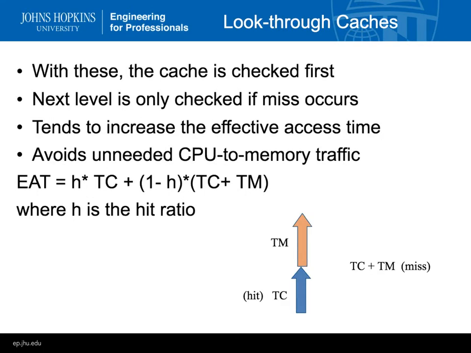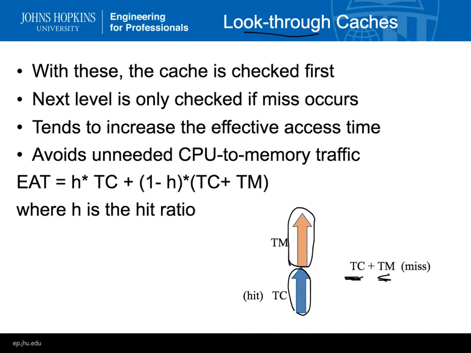Look-through caches are a different kind, and that's where first you look in the cache, and if you don't find it, you start at that time looking in memory. So if you have a miss, the time to process a miss is the cache access time plus the memory access time.